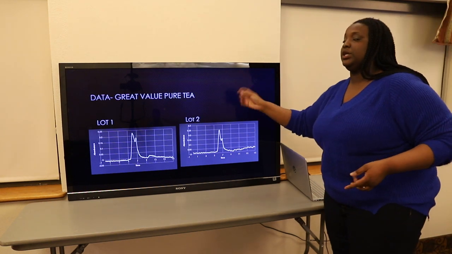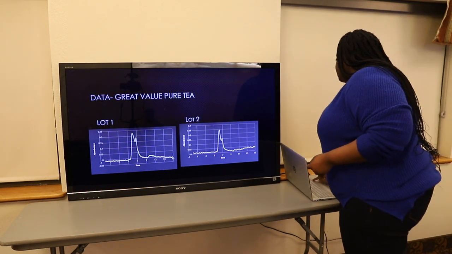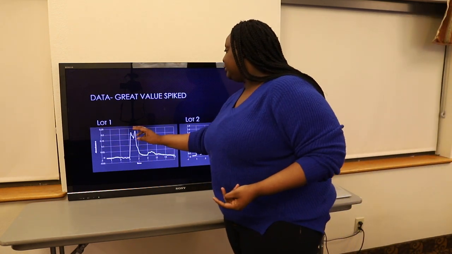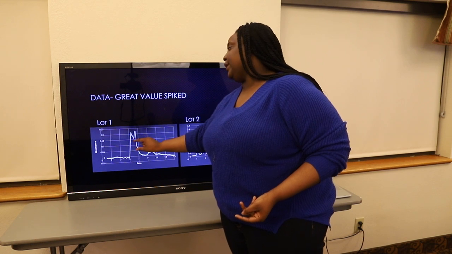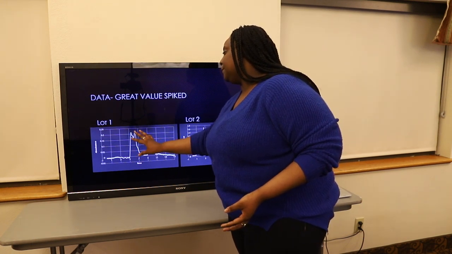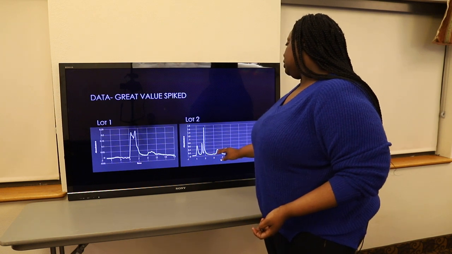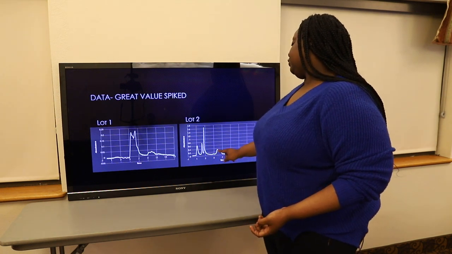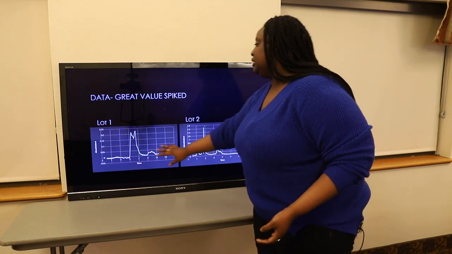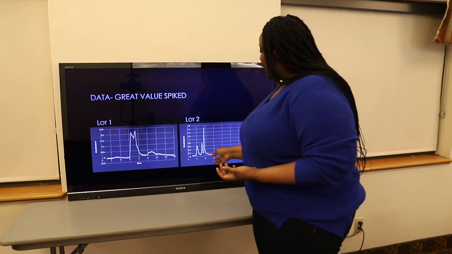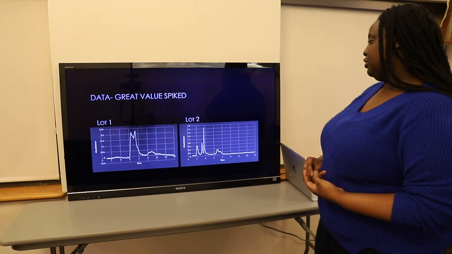Their elution times are similar. And then when spiked, there's an increase in the area at the elution time. So I used a particular math formula to find the difference in the areas between the pure tea and the spiked tea, and I recorded the data and made the comparison.